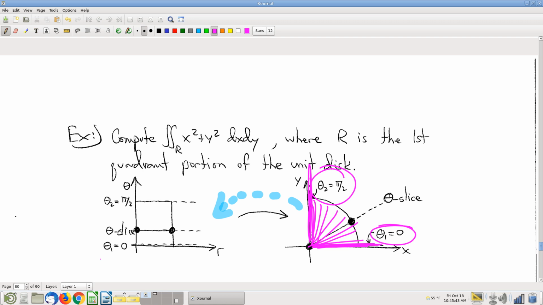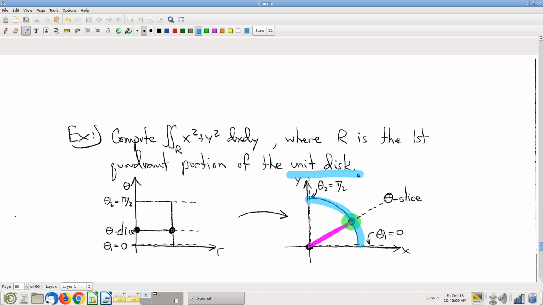So, theta goes from 0 to pi over 2, and then on a given theta slice, R starts at, well, what's the value of R at that point? Well, that's clearly 0. And R ends at, well, what's the value of R at that point? Well, that's clearly 1 because it's on that curve, which is the unit disk where R is 1.